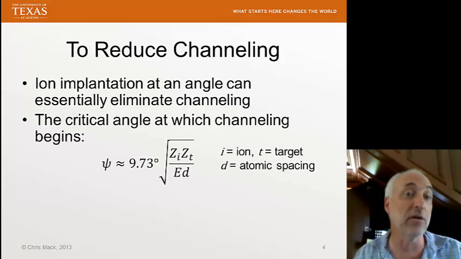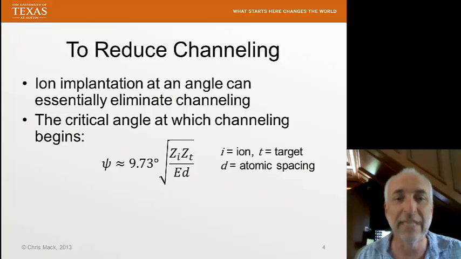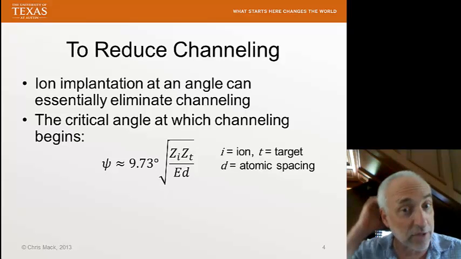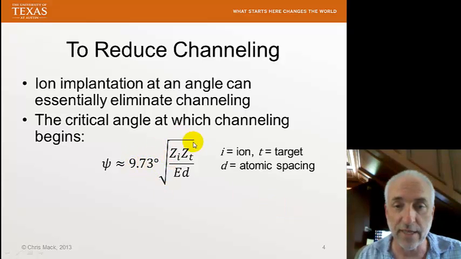How big of an angle is required? Well, somebody's worked out some of the physics of this, and if the angle gets large enough, we don't get any channeling. There's some critical angle at which it occurs. That critical angle is given by this formula. We see 9.73 degrees, and then the square root.